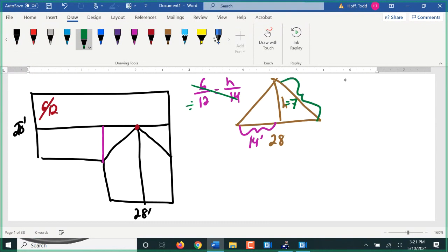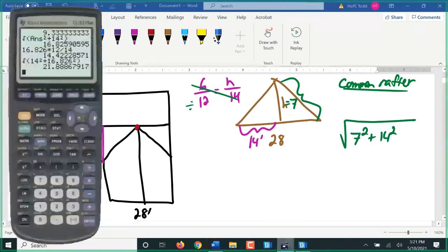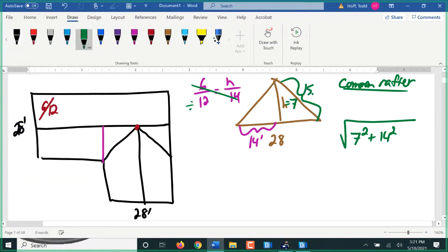So that common rafter length will be the square root of 7 squared plus 14 squared, giving us 15.65. That's the length of our common rafter.